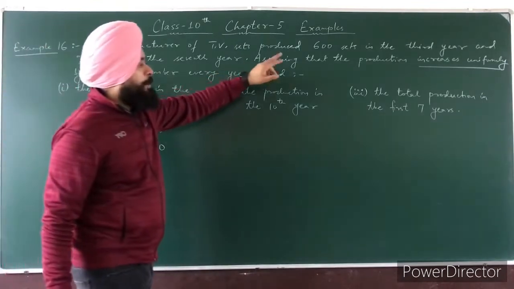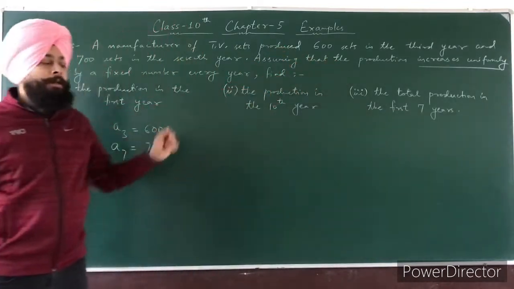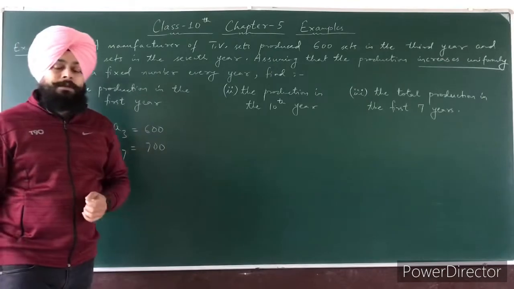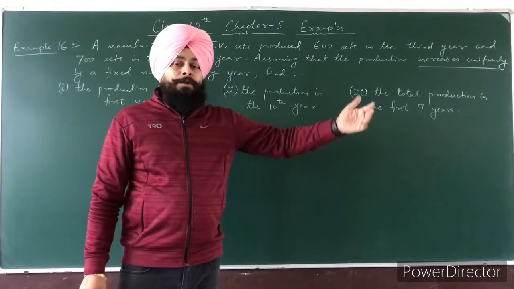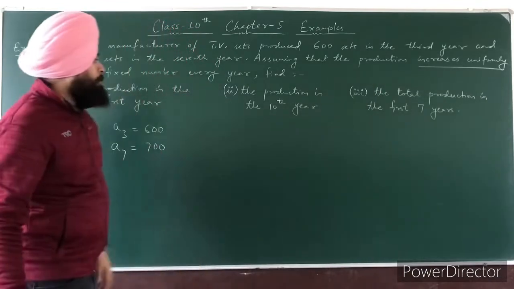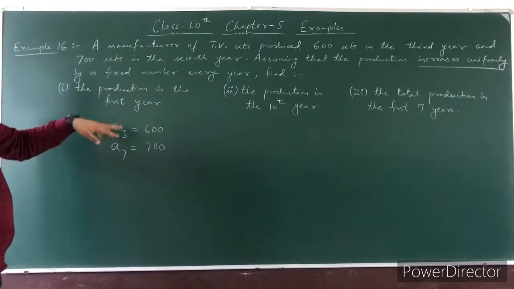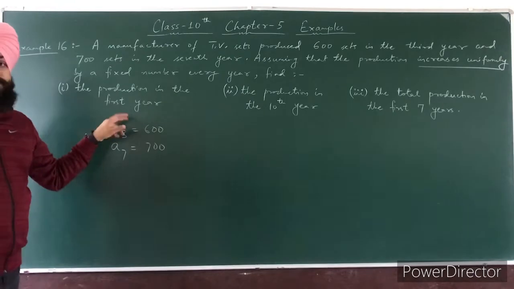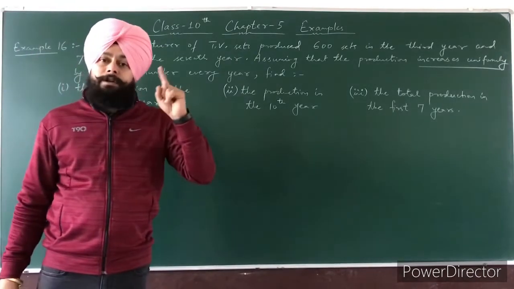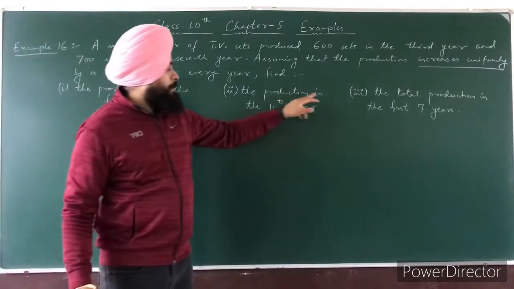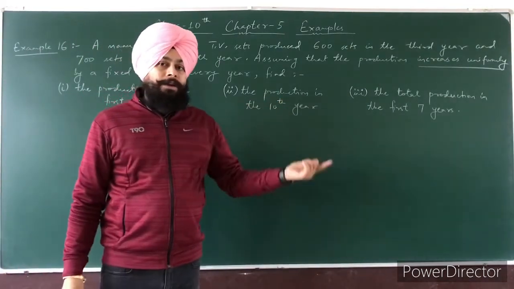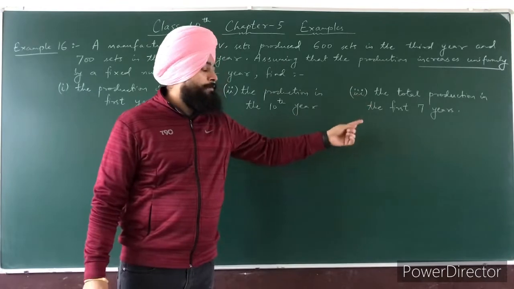The next is assuming that the production increases uniformly by a fixed number every year. मतलब हर एक ईयर उन्होंने फिक्स नंबर के साथ टीवी सेट्स अपने यूनिफॉर्मली इंक्रीज किए. So find the production in the first year. So first year means you will find your first term A1. In the second part find the production in the 10th year, मतलब A10 की वैल्यू फाइंड करनी है, and the total production in the first 7 years.